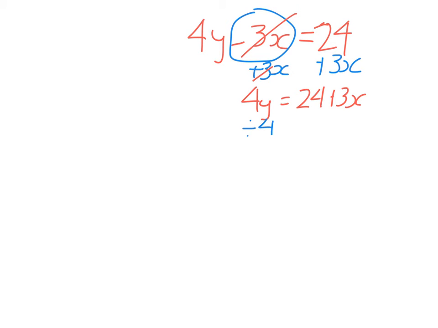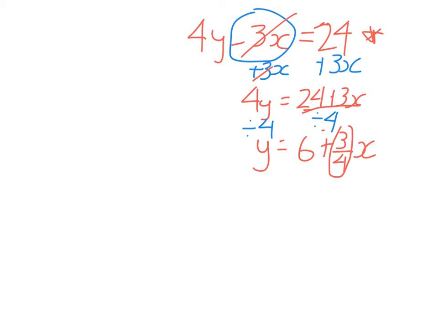I need to divide each side by 4. As I said in a previous lesson, when you're dividing something like this by 4, you need to divide everything by 4. So 4y divided by 4 is y. I need to go 24 divided by 4, 3 divided by 4.